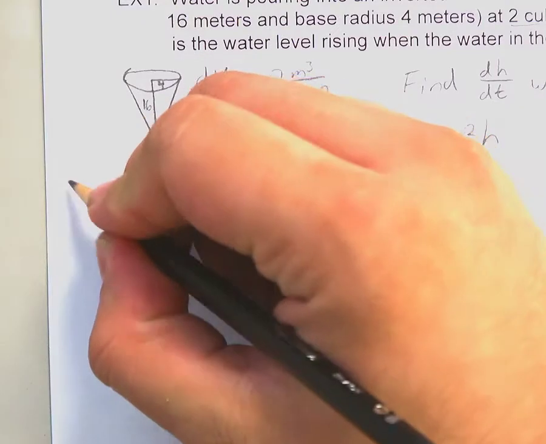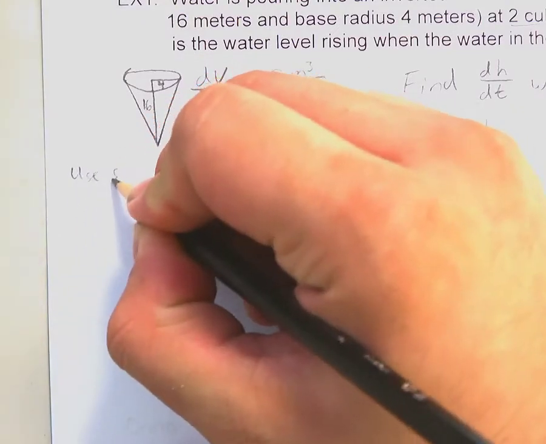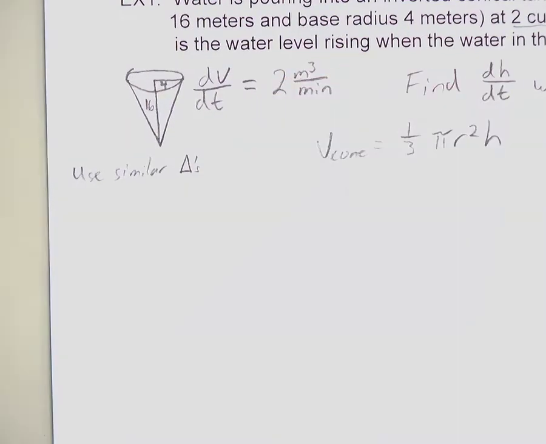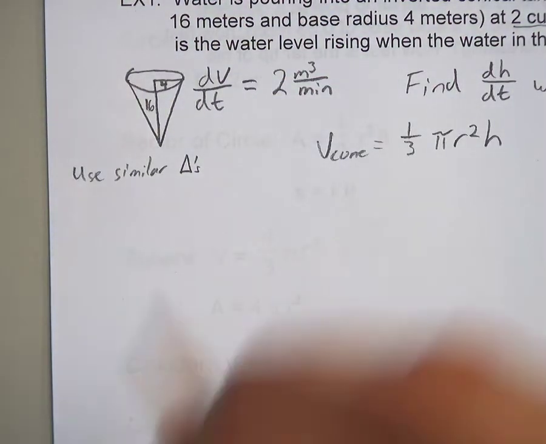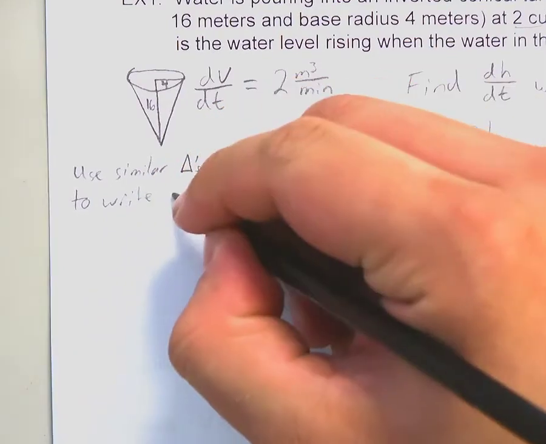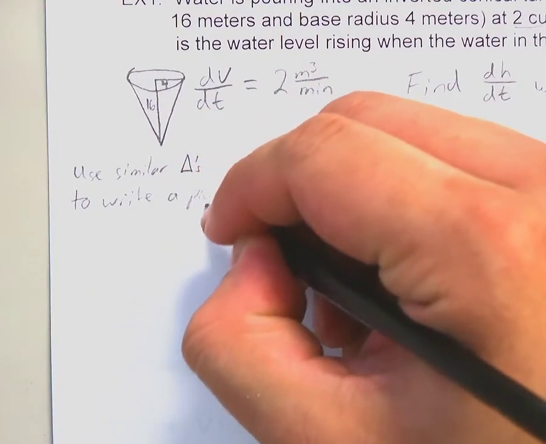But here's what I'm going to do. I'm going to use, write this down, use similar triangles to write a proportion.